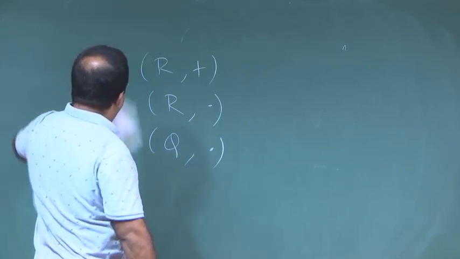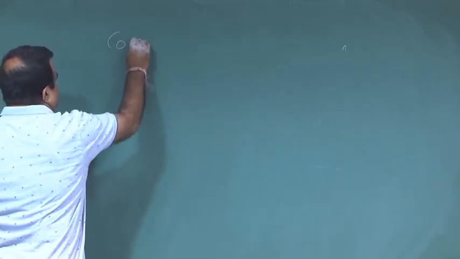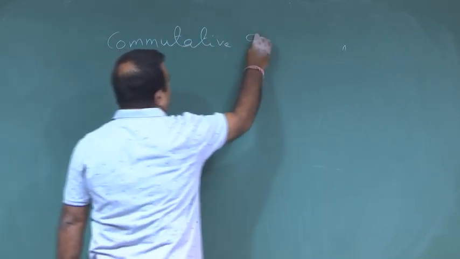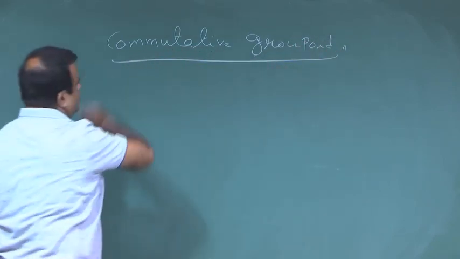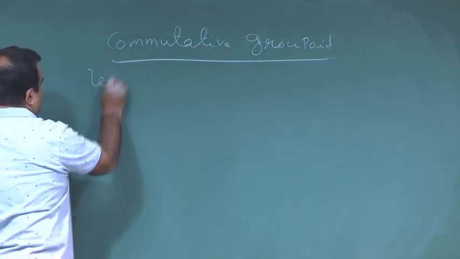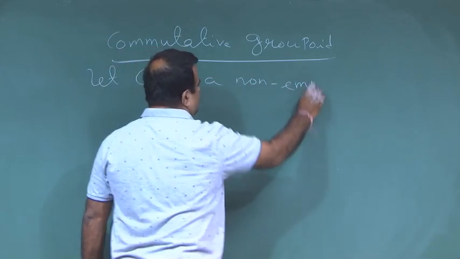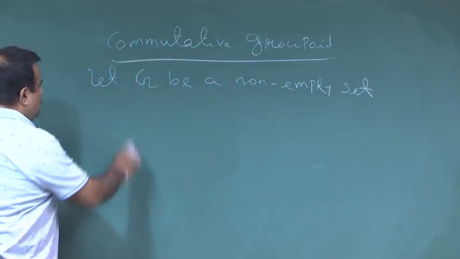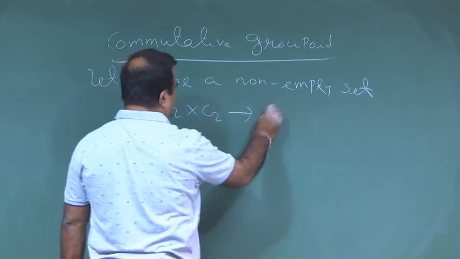Now, we define commutative groupoid. Let G be a non-empty set, and we have an operator star on G which has the closure property.